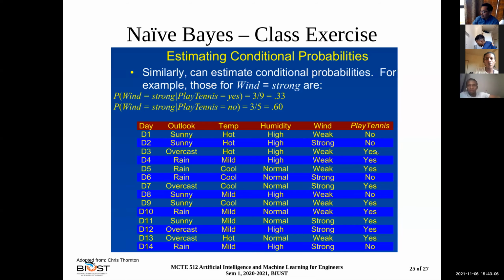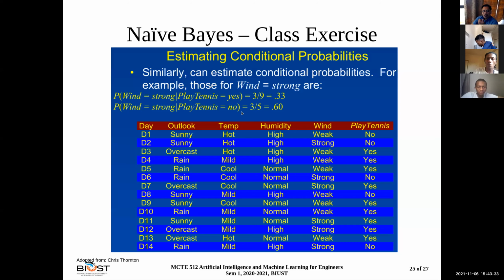That's one. Two. Strong wind, three. That's it. So there are three out of how many yeses? Nine yeses. So 3/9 is 0.33. It's just showing how you're going to count.